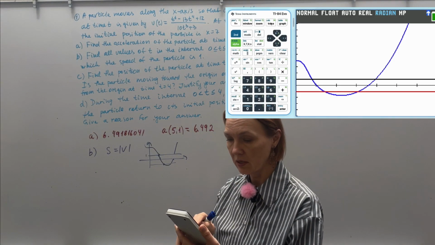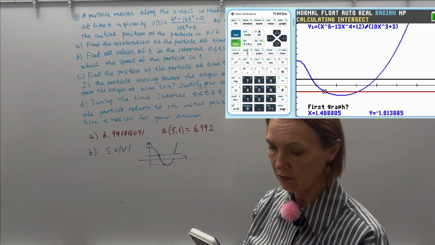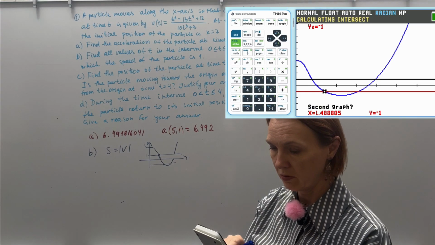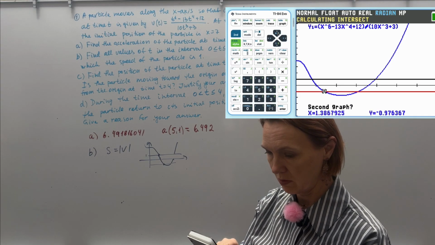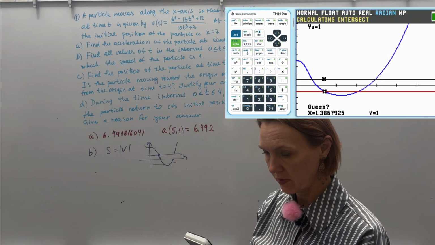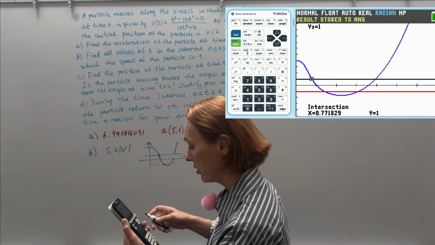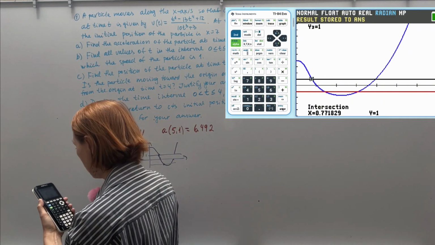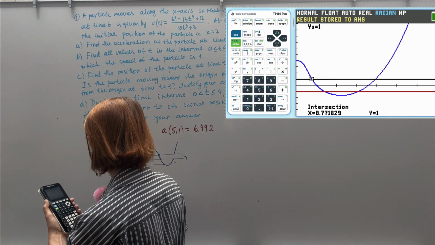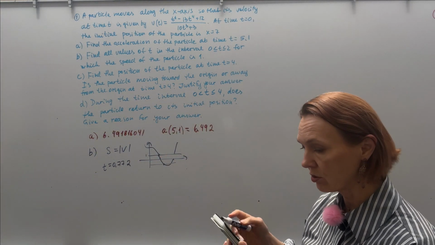How do we do that? Second calc, and then we do 5 for intersect, first curve, second curve. So the first point is going to be time equals 0.829.